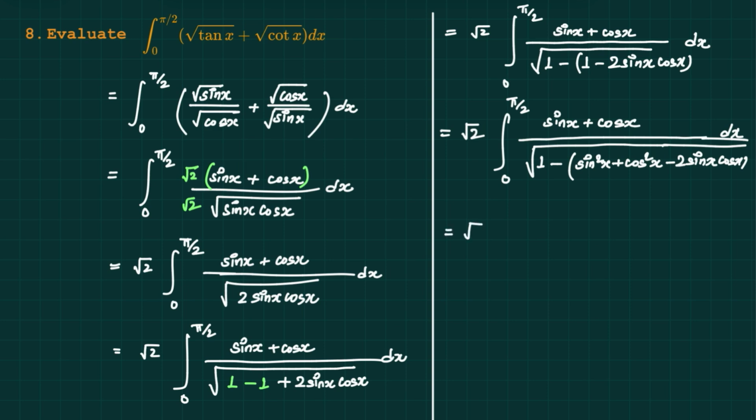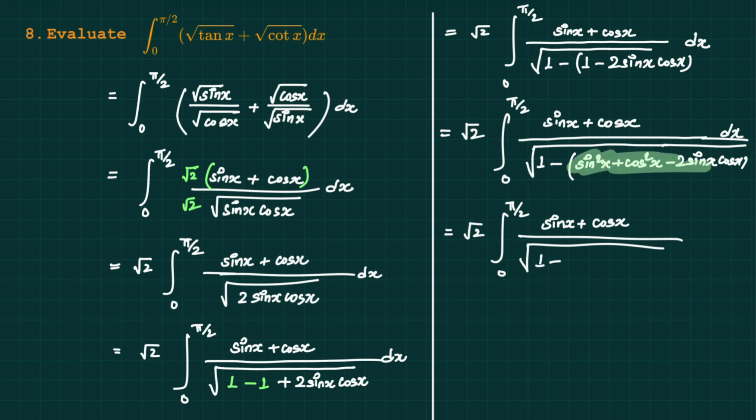Equals square root of 2 integration from 0 to pi by 2, sin x plus cos x whole divided by square root of 1 minus, this everything is in the form of a minus b whole square, so we will write sin x minus cos x whole square dx.